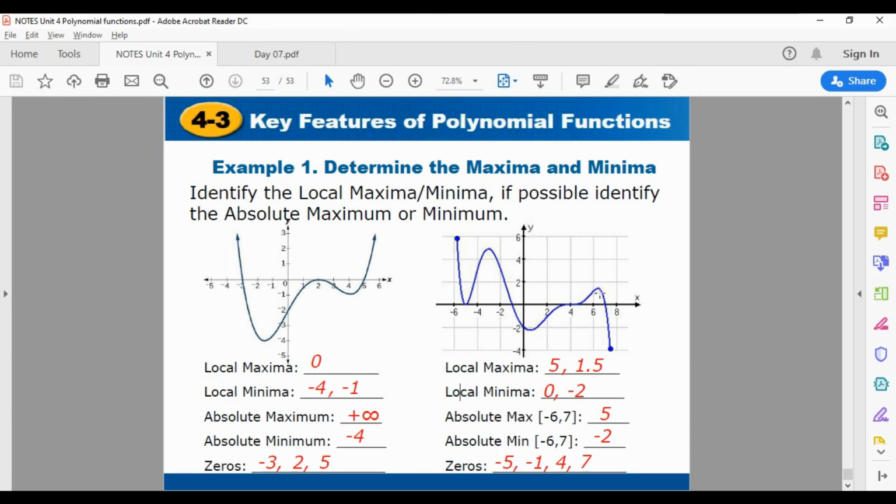For this graph, let's see here, we'll go with the maxima first. So there is a maxima, and there is a maxima. So there is a maxima. This should be about 6.5 instead of 1.5.